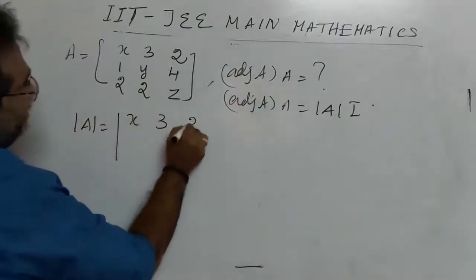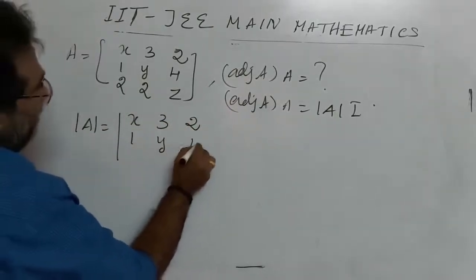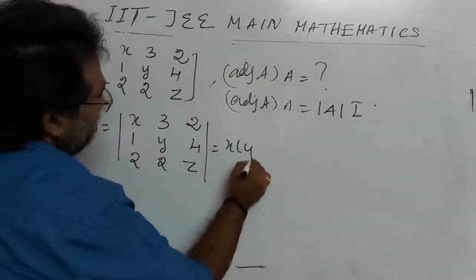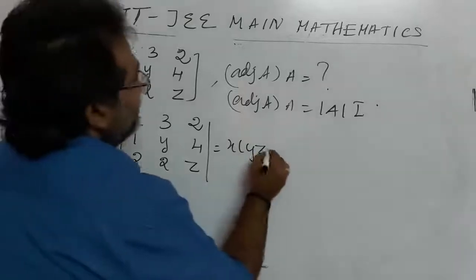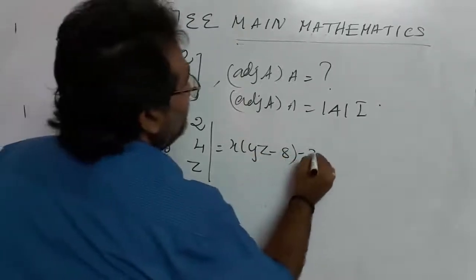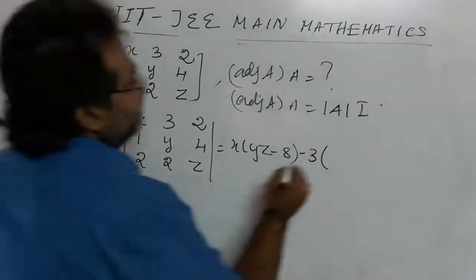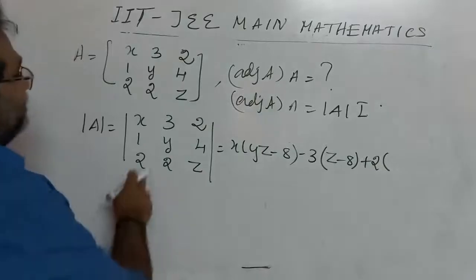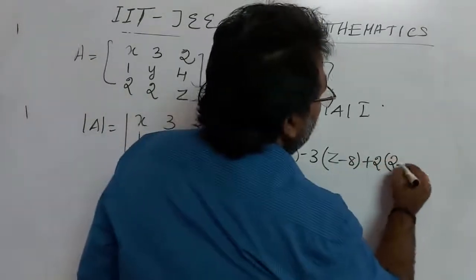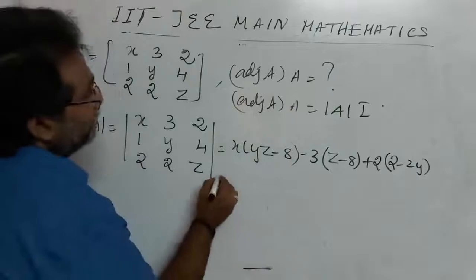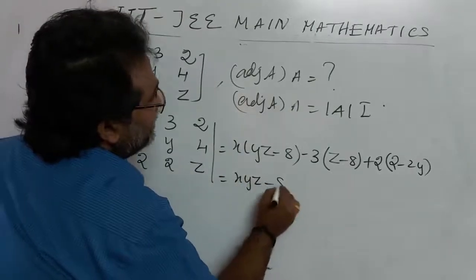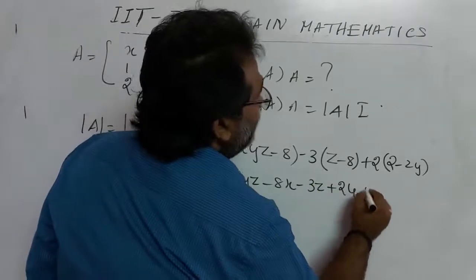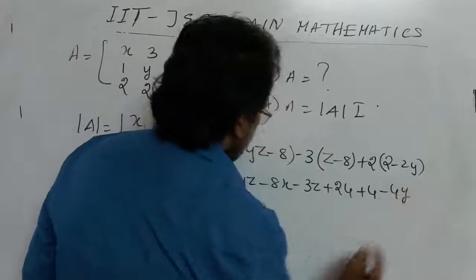Expanding: x(yz minus 8) minus 3(z minus 8) plus 2(2 minus 2y) equals xyz minus 8x minus 3z plus 24 plus 4 minus 4y.